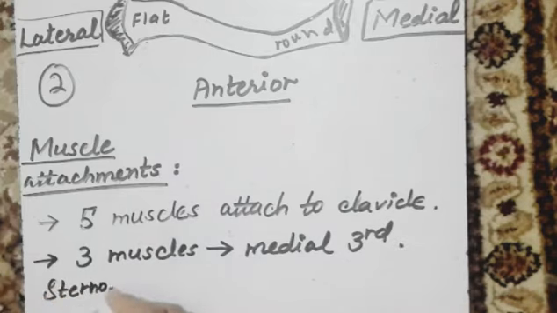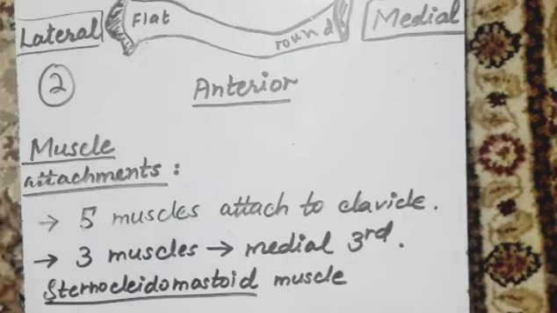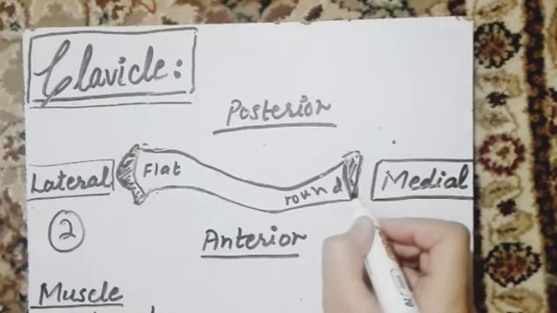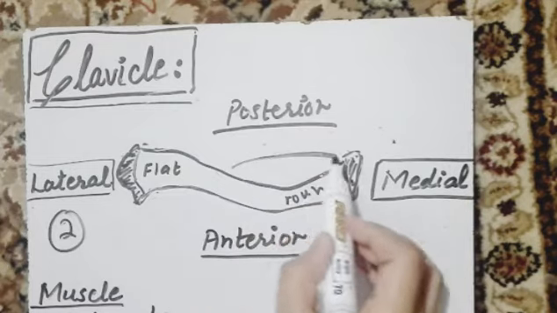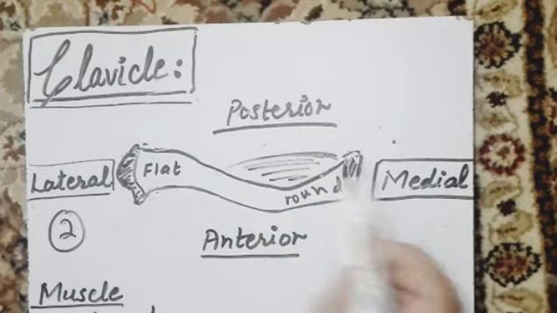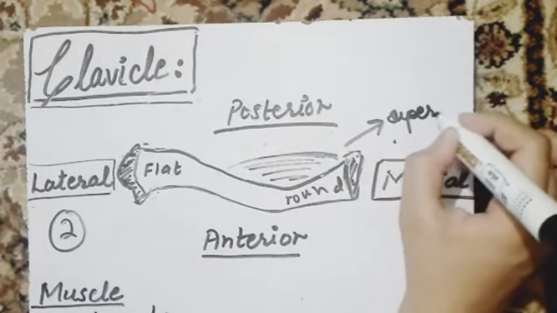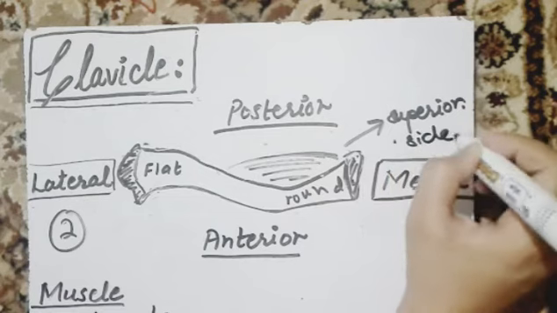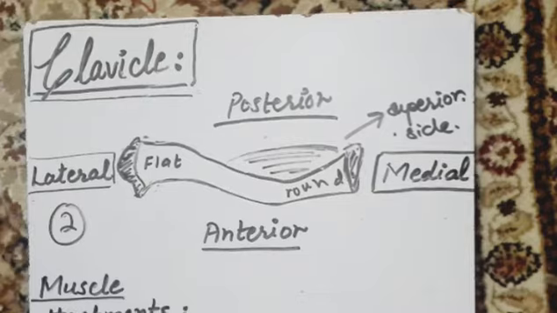These are the sternocleidomastoid muscle, so this is the sternoclavicular head, and here the muscle attaches to the superior surface of the bone. Sternocleidomastoid muscle attaches to the superior surface of the bone where the sternoclavicular head is attached.